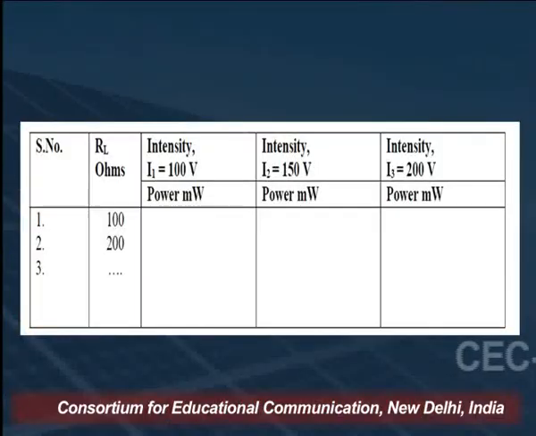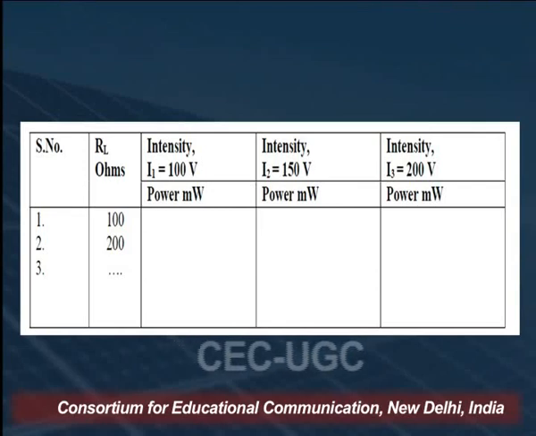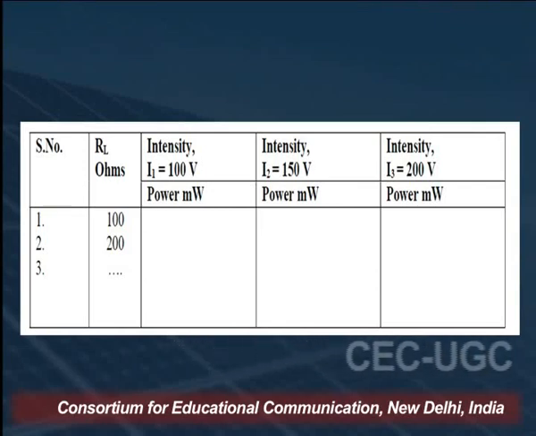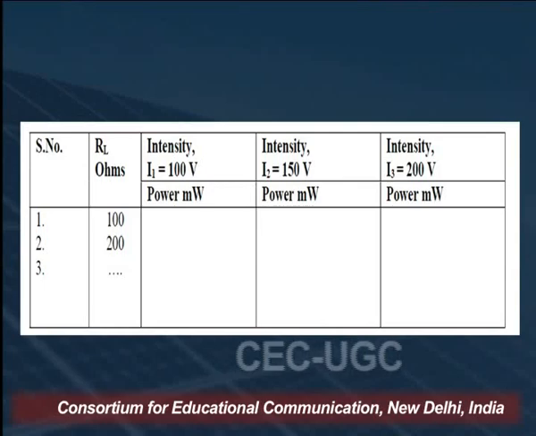As the load changes, we can note the I and V, and in this manner we can get the output power. Here we see the intensity change at 100 volt, 150 volt, 200 volt, then the power for a load of 100 ohm, 200 ohm and so on.